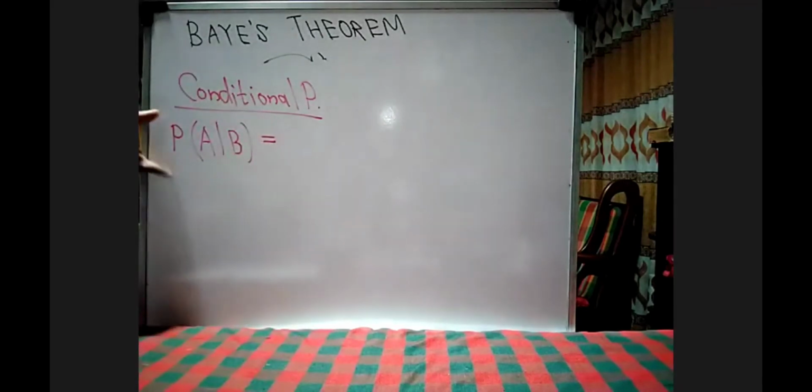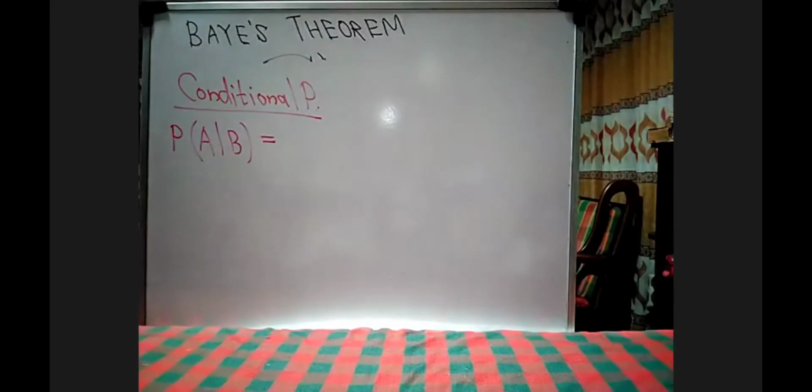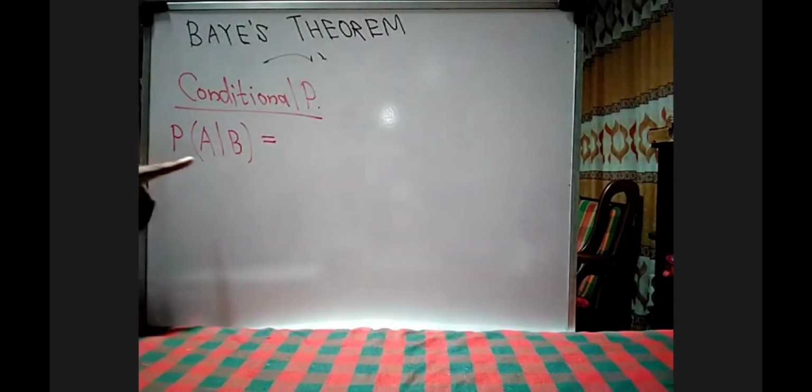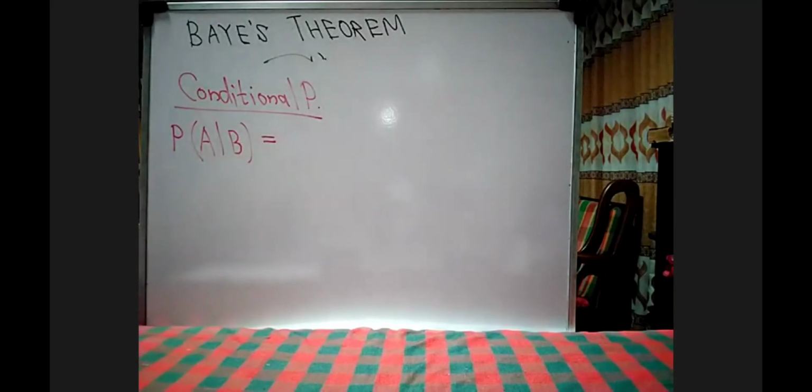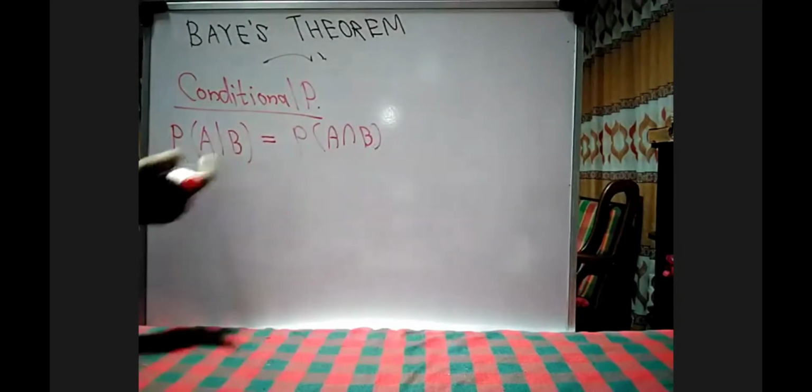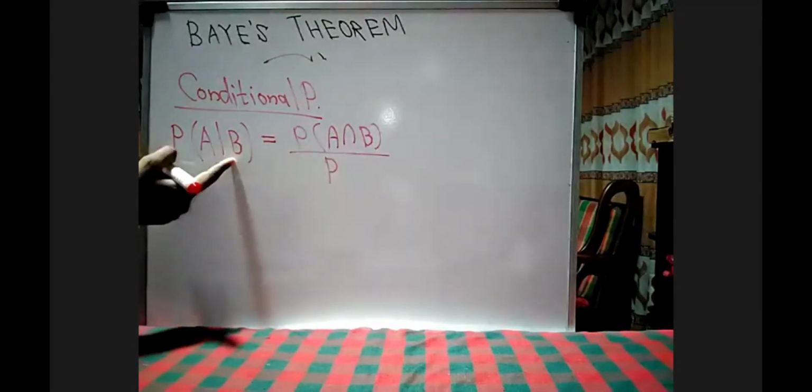So this notation is read like this: probability of A given B. Probability of event A given that B has occurred. Then we know it is the probability of the intersection of both these events divided by the probability of the second event which has already occurred.